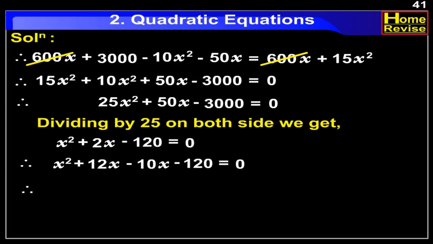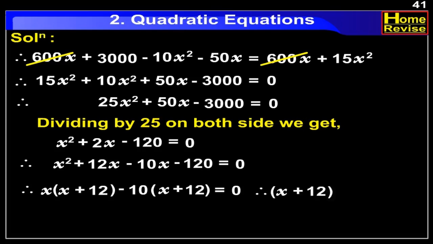Taking x common from the first two terms, we have x into (x plus 12), and taking minus 10 common from the next two terms, we have minus 10 into (x plus 12) is equal to 0. Therefore, (x plus 12) into (x minus 10) is equal to 0.